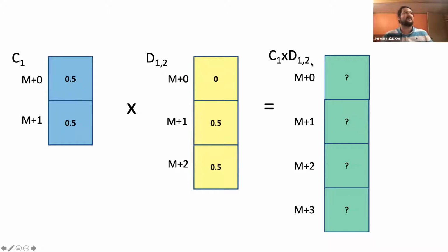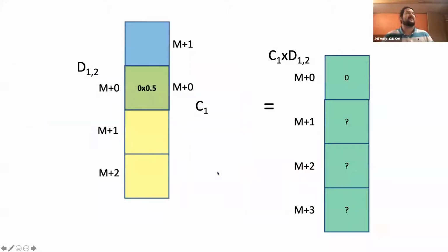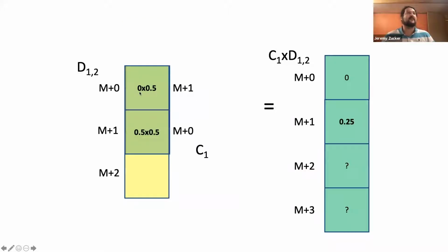So we take our C1, which is 0.5, 0.5, and our D12, which is 0.5, 0.5. We flip C1, and then we multiply C1 times D12 in the M plus 0 position, and we get 0 times 0.5. Then we take C1 in the M0 position times D12 in the M plus 1 position. That's 0.5 times 0.5, or 0.25.